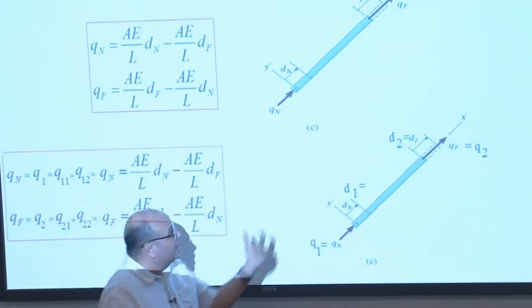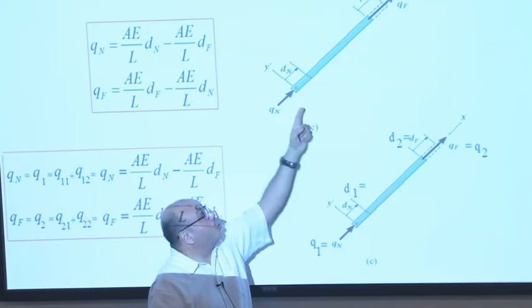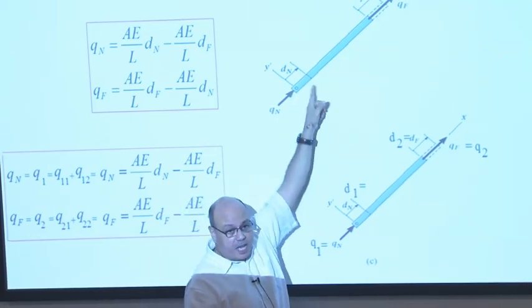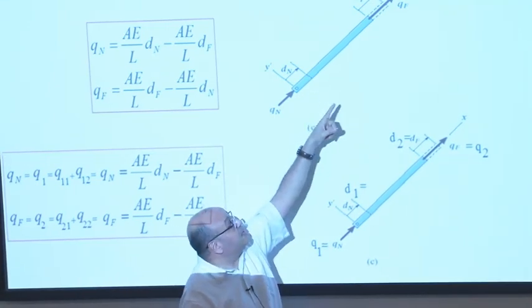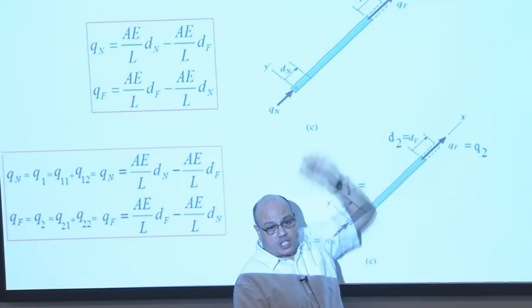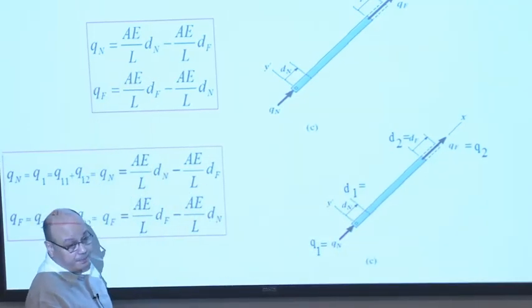What does that mean? That means that there is a force developed at the near end due to two things. One of them is unit deformation at the near end, and another unit deformation at the far end. Both of them combined will give you that first term right there.